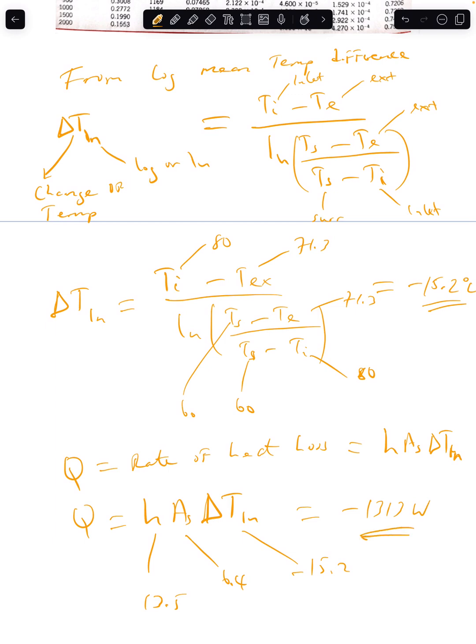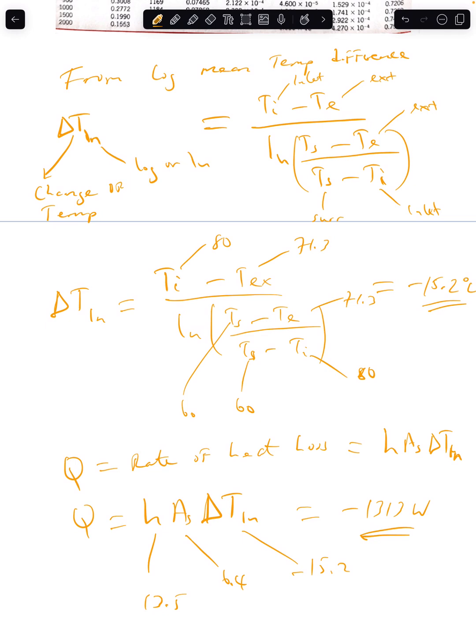So that is how we use the log mean temperature difference to determine the rate of heat loss for air or water in a system, and that's how we utilize the log mean function for a duct pipe.